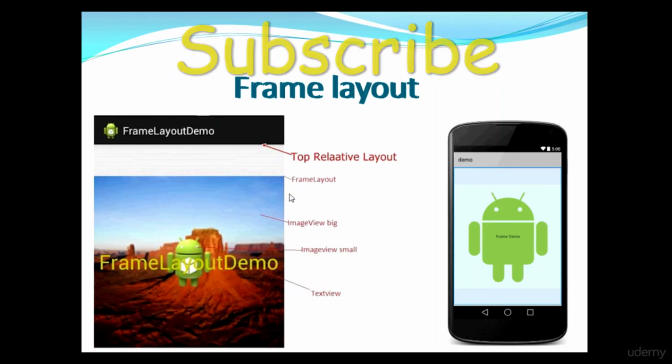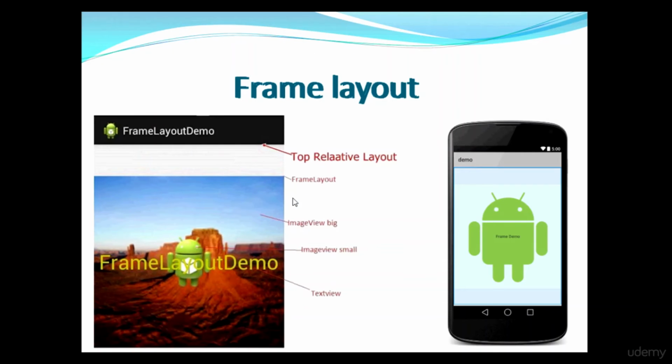To go into more detail and design a small app using a frame layout, we'll first see what a frame layout is. A frame layout is designed to block out an area on the screen to display a single item.